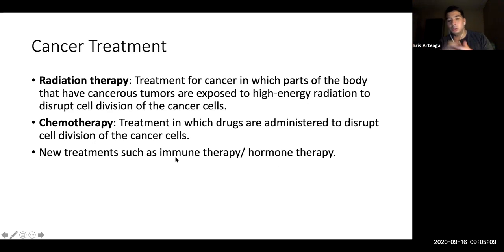Immune therapy is also kind of a new idea where they're actually taking immune cells that are found in the tumors and extracting them. So they extract these immune cells, which are your own immune cells, from this tumor, and then they grow them in a separate unit in the hospital or some lab, right?